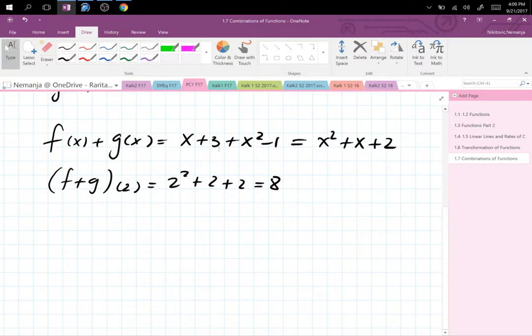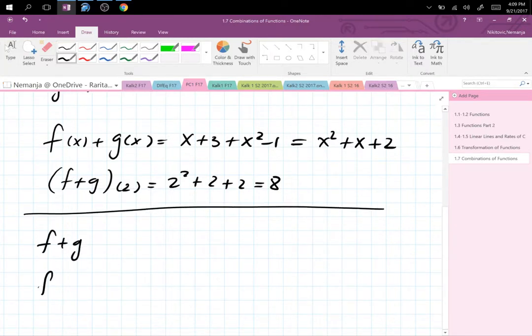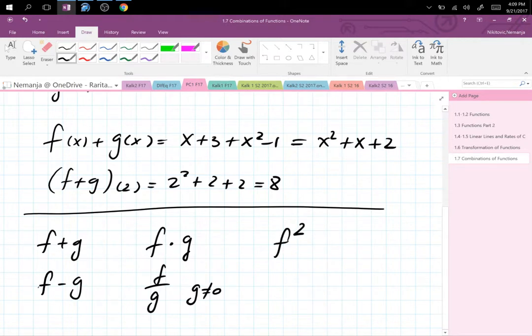What can you do with functions? You can add them, you can subtract them, you can multiply them, you can divide them, provided that the one on the bottom is not 0. You can square a function, you can square root a function, right? And then I'm just going to write it here.